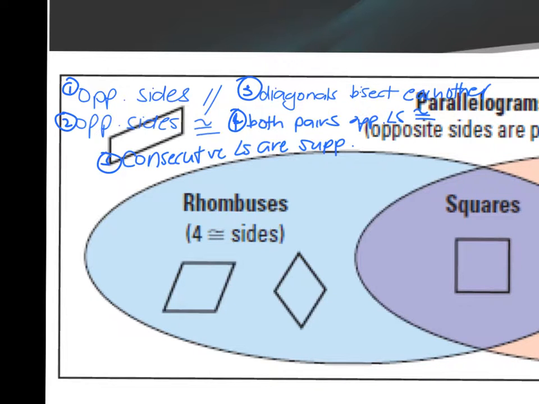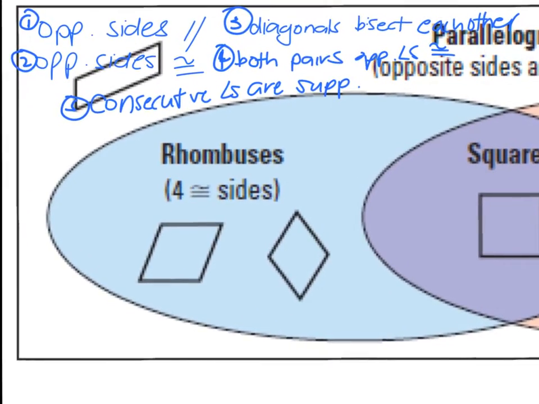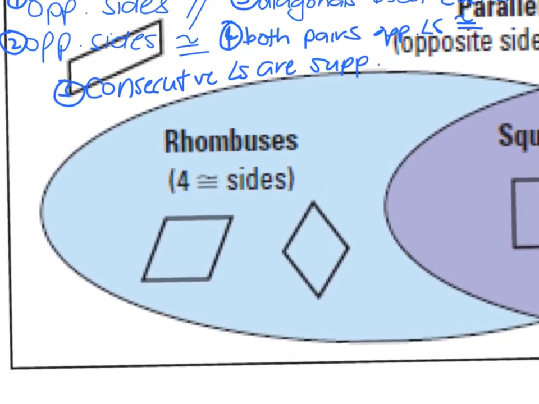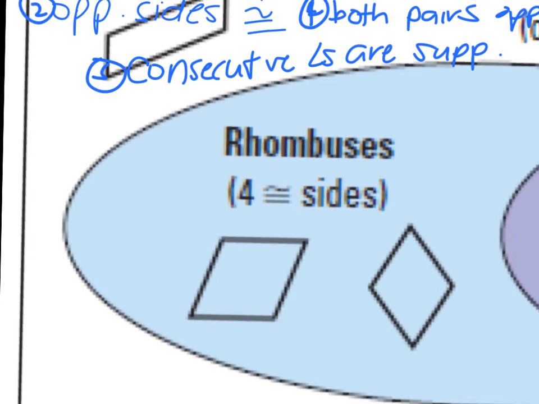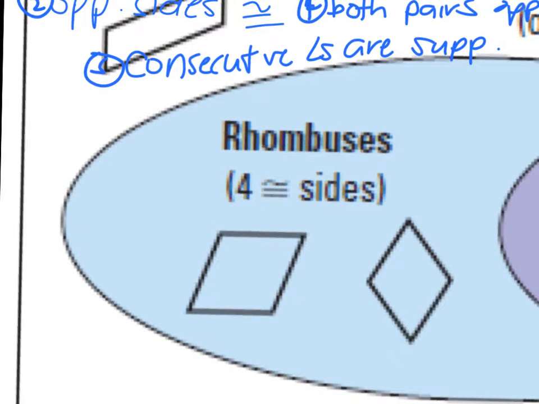Okay, so now let's go to rhombuses. What are the properties of rhombuses we just learned about? Diagonals are perpendicular. What else? What's the definition of a rhombus? It's on the slide. 4 congruent sides.